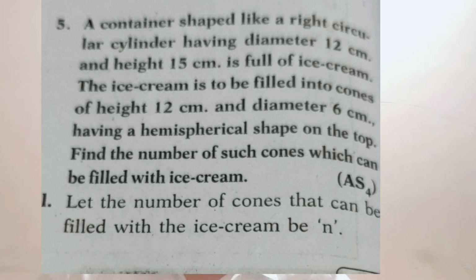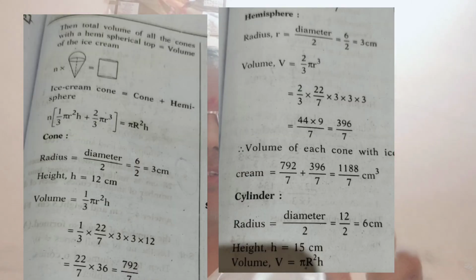He is given here the cone ice cream. Cone ice cream, we can imagine the shape of the cone ice cream. So ice cream is filled like a hemispherical shape on the top. So that's why here we have to find the volume of the full ice cream in the cylindrical container, and next the volume of the cone plus the volume of the hemisphere.